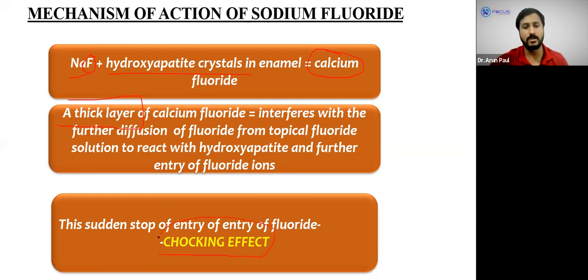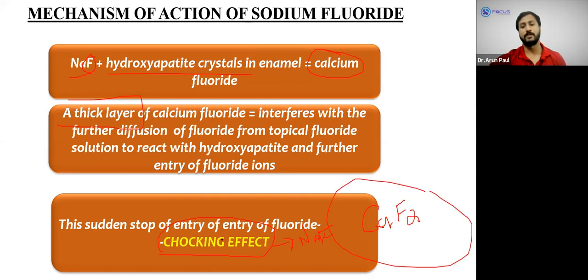Very important question, chalking effect. The chalking effect is related to sodium fluoride, but it is not caused by sodium fluoride. It is caused by calcium fluoride. This calcium fluoride is responsible for causing the chalking effect, and it is seen in sodium fluoride. So it is the layer of calcium fluoride which prevents the further entry of fluoride.